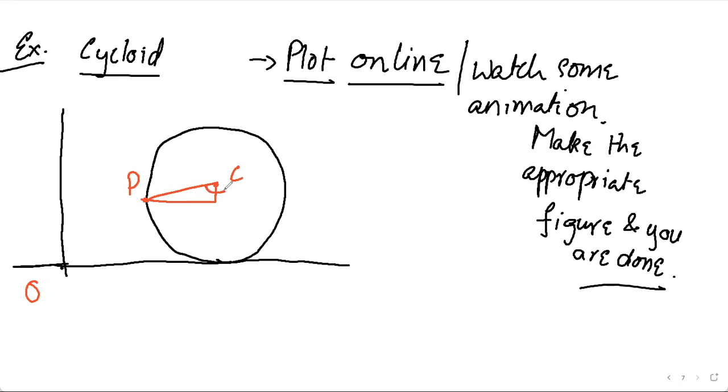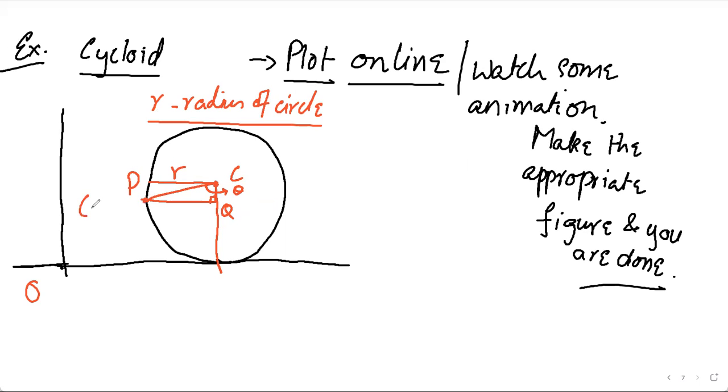So this is our angle theta. This is clearly 90 degrees. This is the radius r. This r is the radius of the circle. All right. Point Q. So we need to find the coordinates of this point P, x, y.